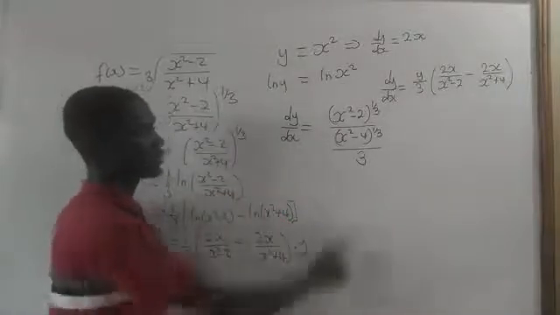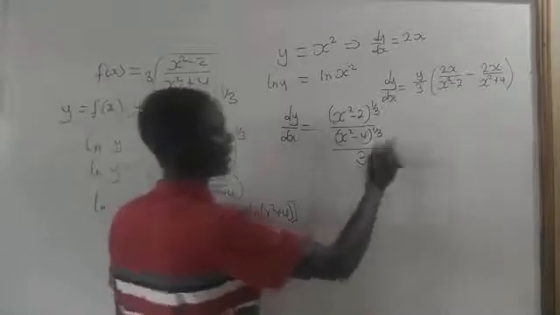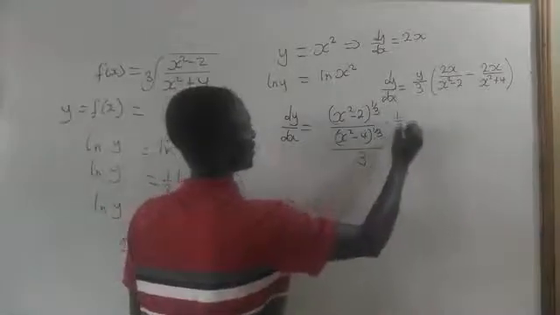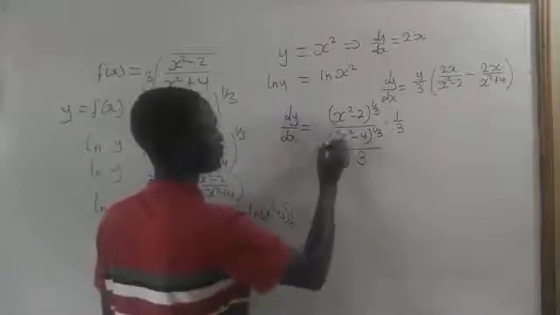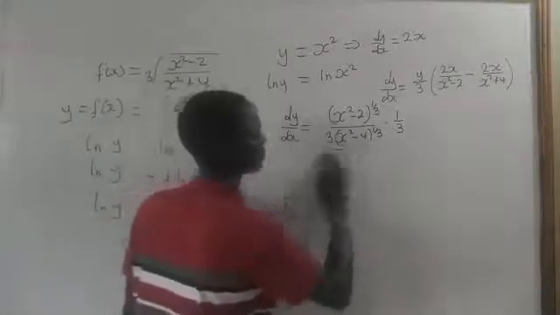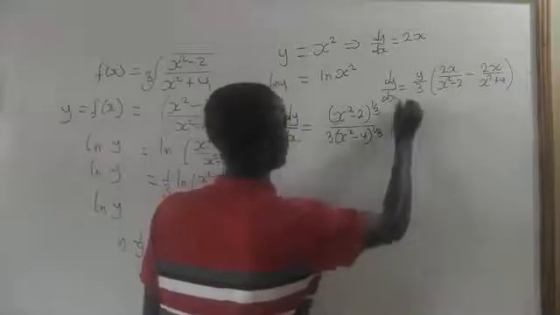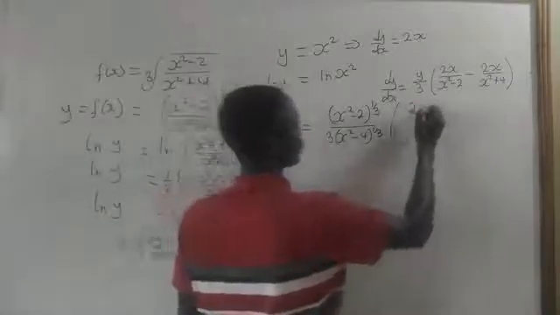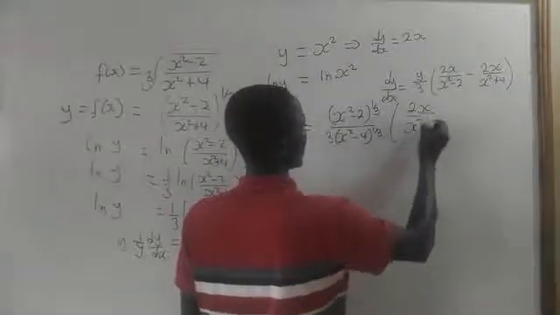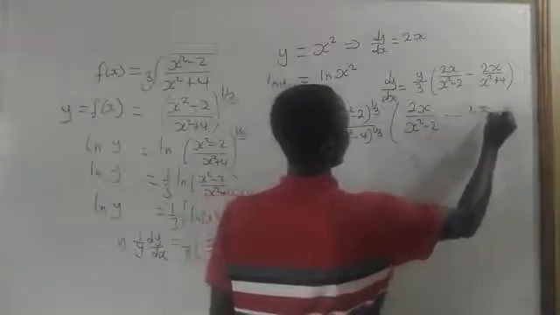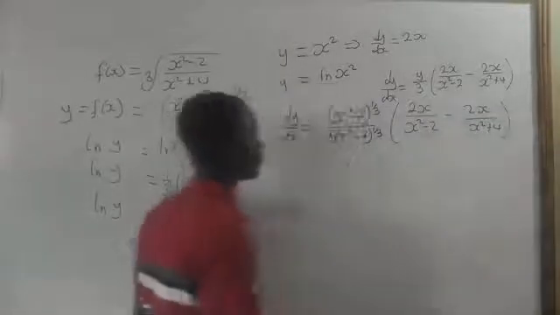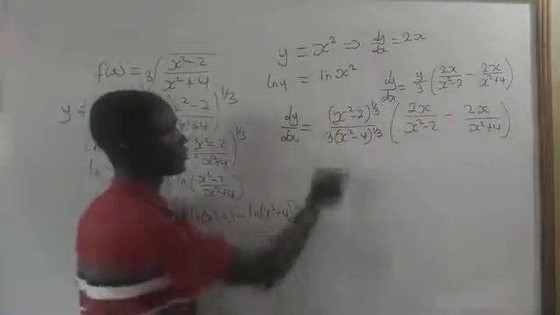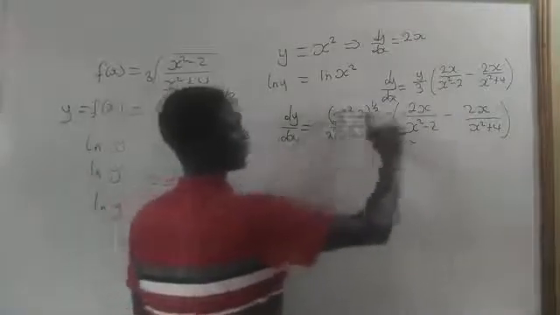Are you okay? So since it is divided by 3, I can multiply it by 1 out of 3, so that the 3 will come in front of this. Very simple, times 2x divided by x squared minus 2 minus 2x divided by x squared plus 4. Now, we are going to send this one inside.